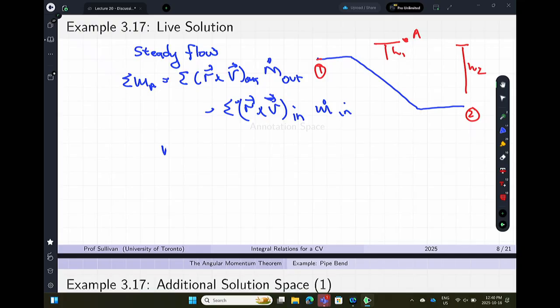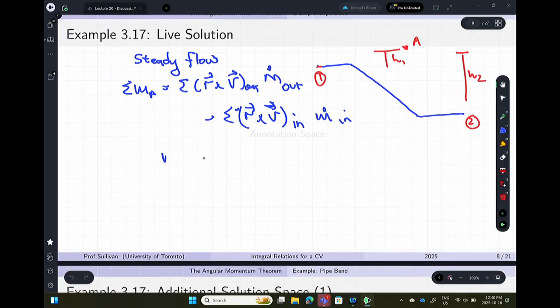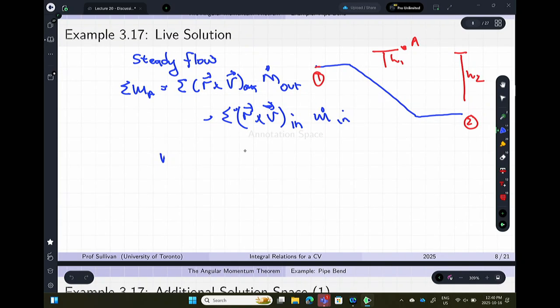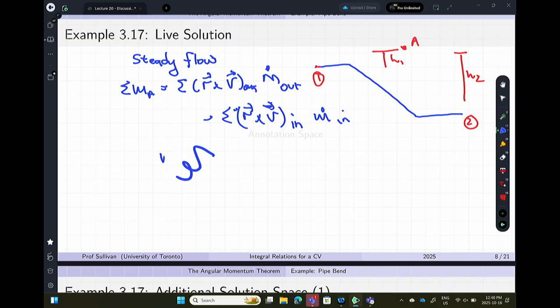When I wrote out everything for the pressure, I had it written up there as P1, A1, H1. I think before that, I had an R term in there. R is the radial distance between the pressure force and the point, the moment arm.